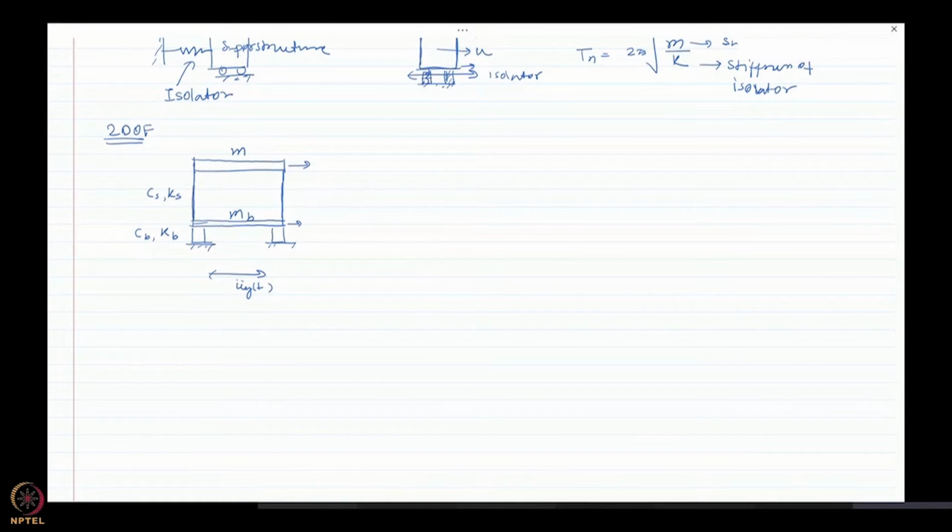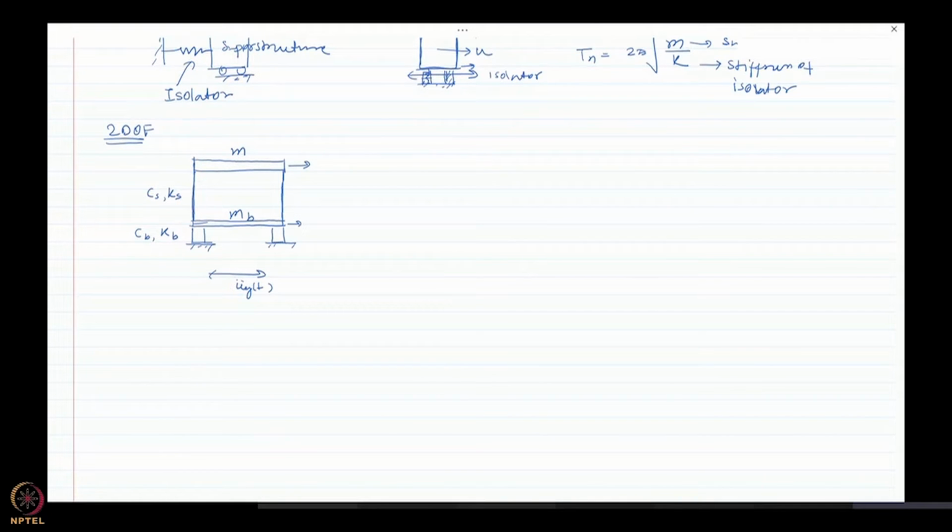Of course, in reality it won't be a 2 degree of freedom system, but it is a much better representation in terms of understanding the dynamics or the contribution of superstructure and isolation. So the overall structure I'm dividing between the isolation layer and the superstructure layer, and I'm trying to study the dynamic behavior of that.